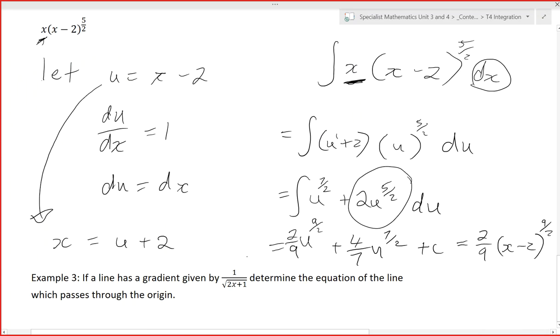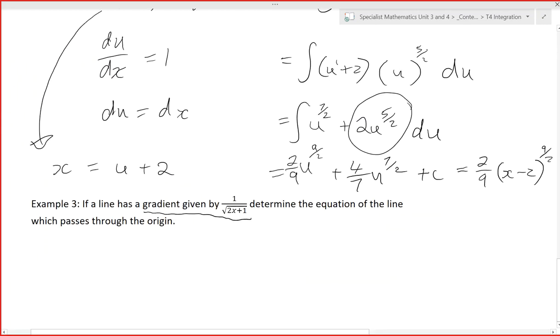Yes. If a line has a gradient given by that, what does that mean? So the derivative. So that passes through the origin helps us to find the plus c.